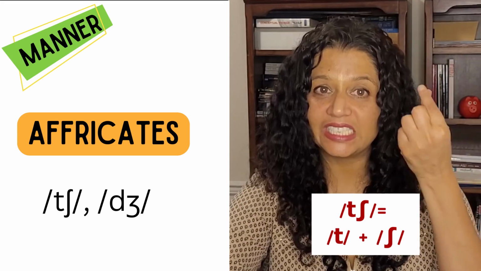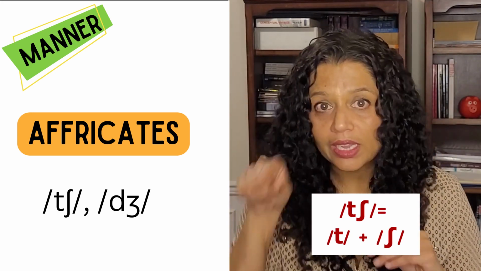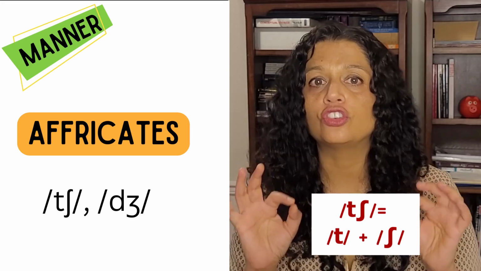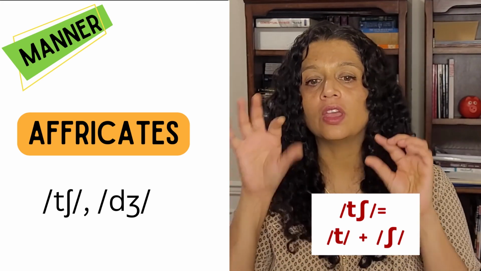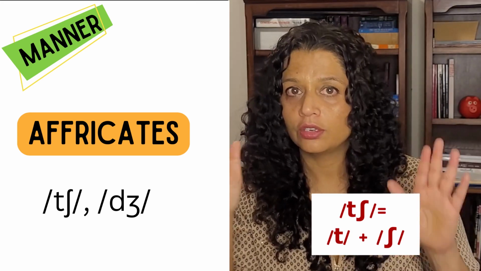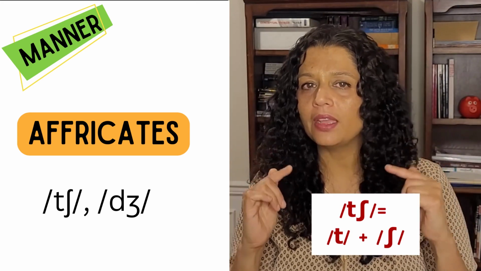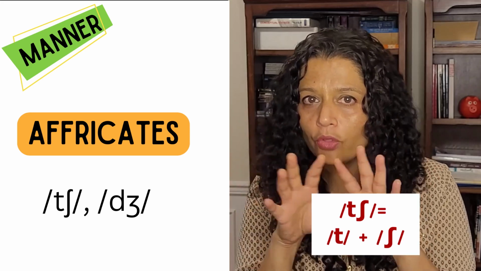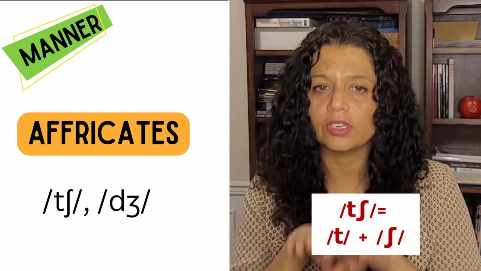So it has the T as a stop, and the squiggly line is the IPA symbol for sh. So the ch sound is a combination of t and sh together. If you really pay attention, you will notice that you're making both those sounds in very quick succession.